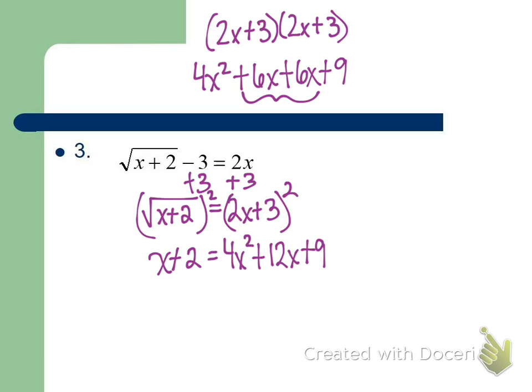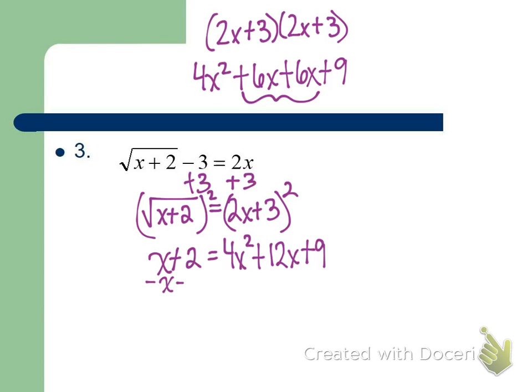Questions so far? Okay, next we have to get it set equal to 0. To do that, what are we going to do? Well, right now they're both positive. Subtract 2, subtract x.